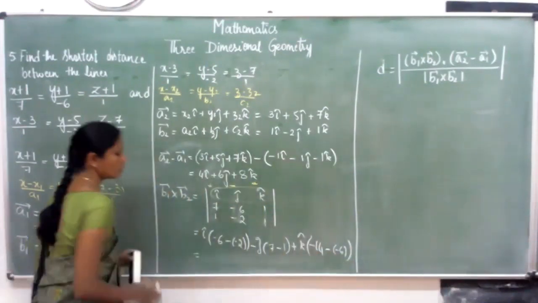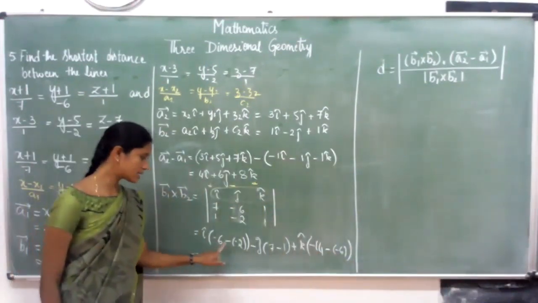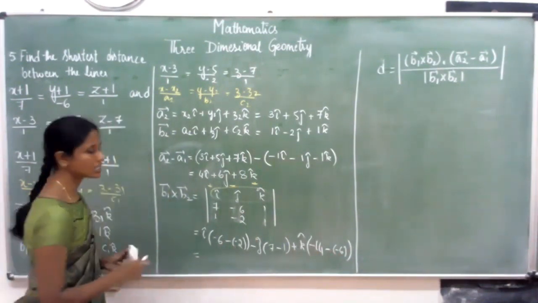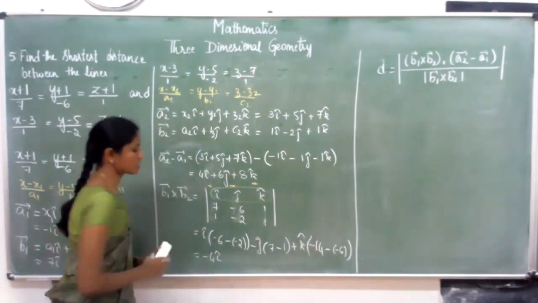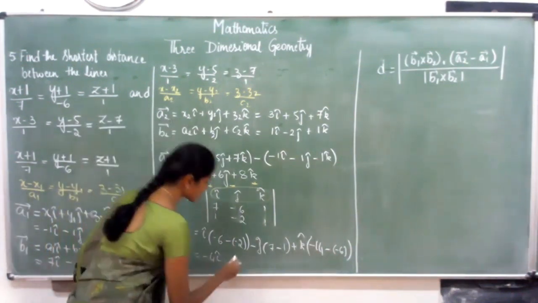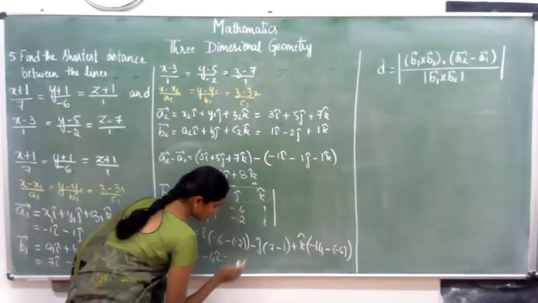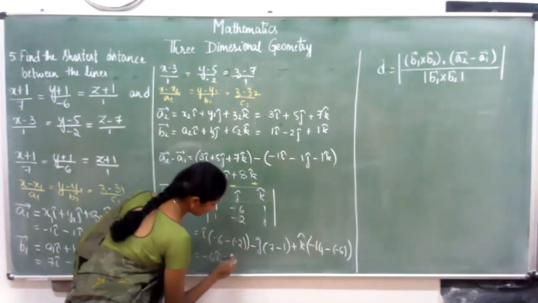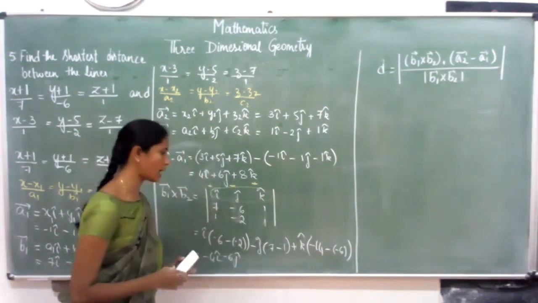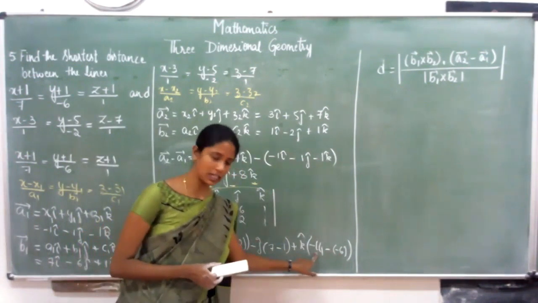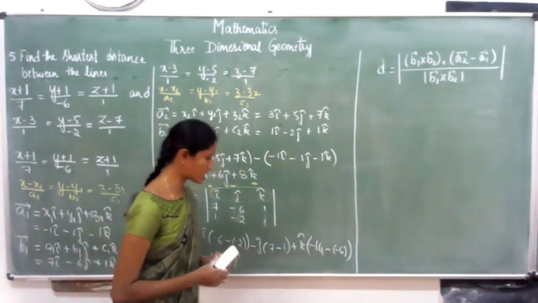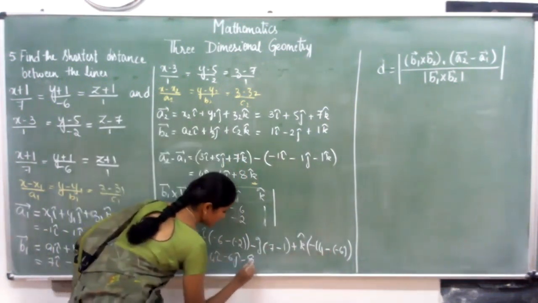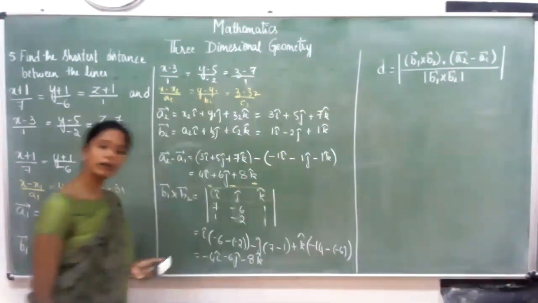So we have minus 6 plus 2, minus 4 i cap. Next, 7 minus 1 is 6, therefore it will be minus 6 j cap. Next, minus 14 plus 6, which is minus 8 k cap.